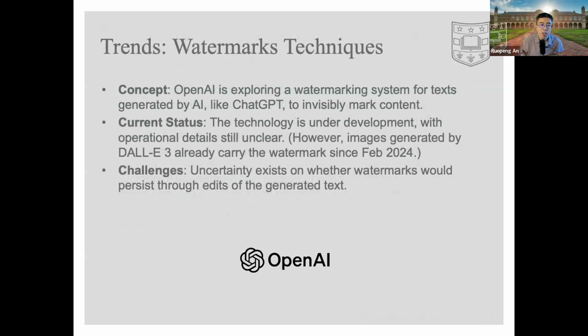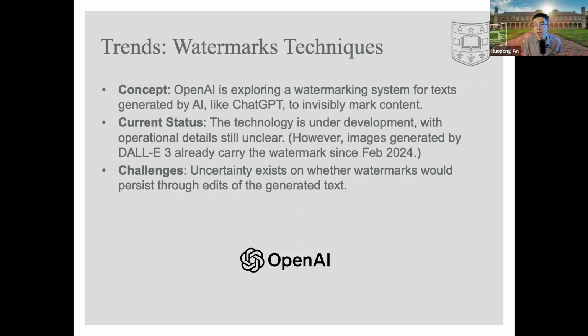Another interesting technology is the watermark. In terms of text generated by AI, some AI companies such as OpenAI are exploring a watermarking system for text generated by AI, for example ChatGPT, to invisibly mark content. The technology is still under development. We don't know exactly the algorithm involved, but the images generated by, for example, DALL-E 3 by OpenAI have already carried a watermark since February 2024, this year.